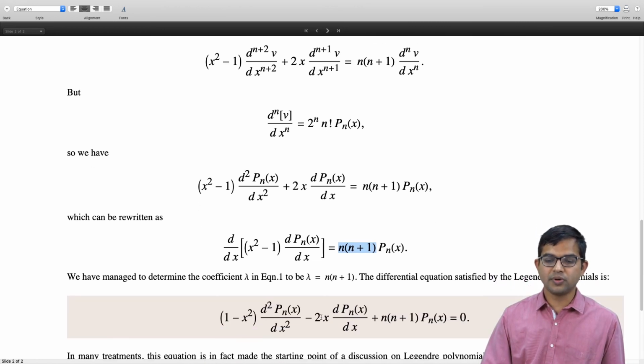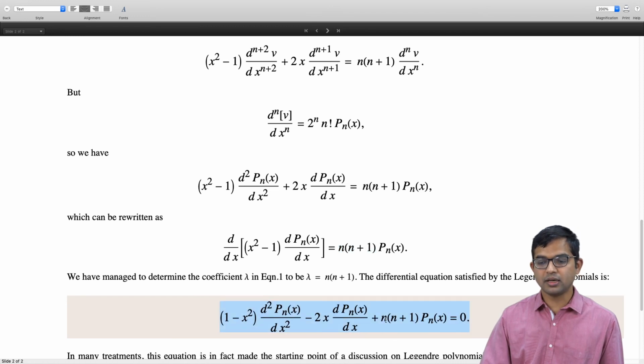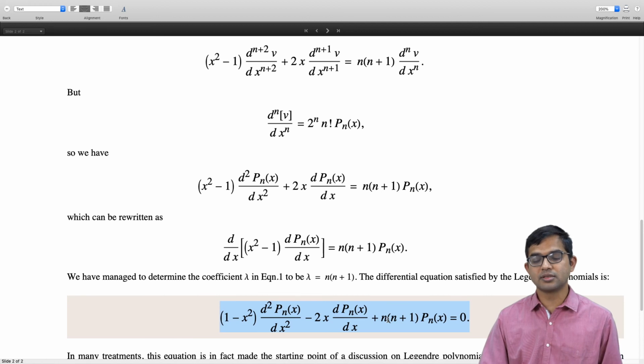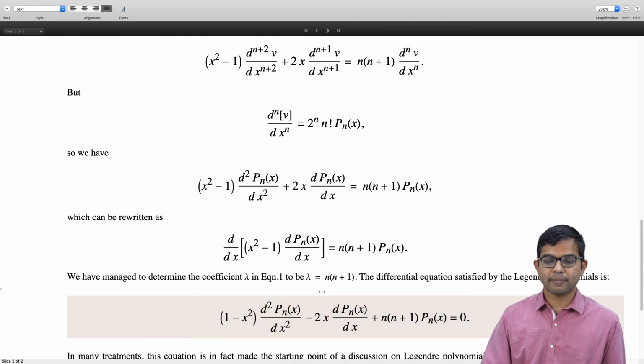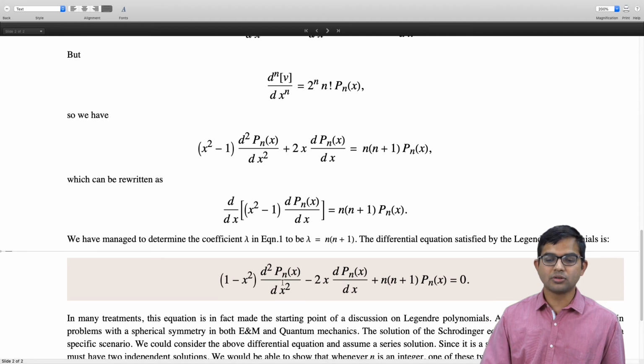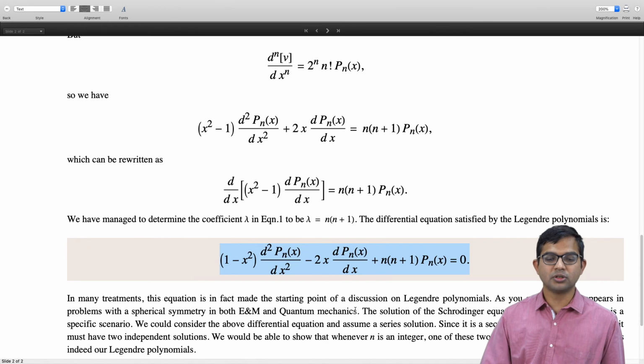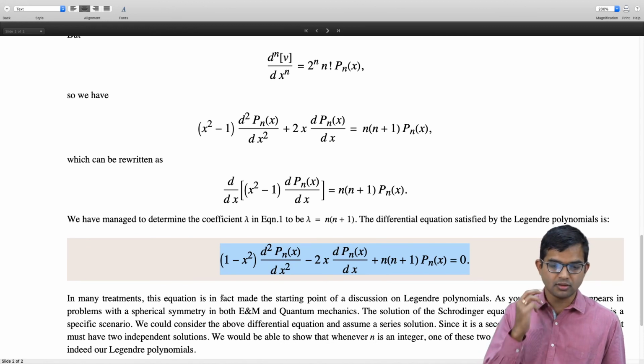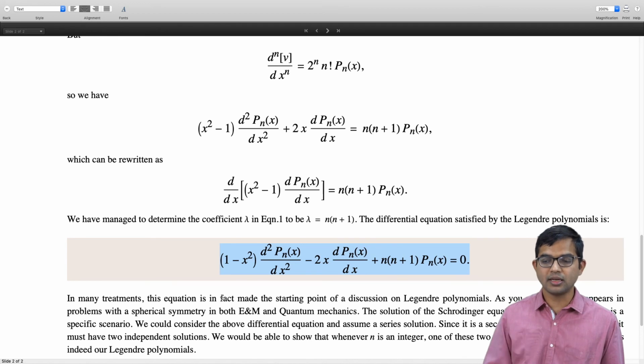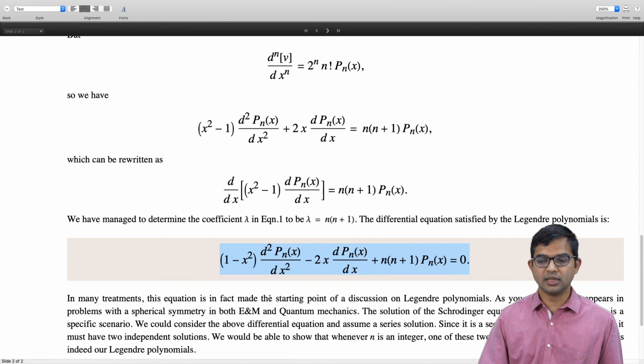So the differential equation satisfied by Legendre polynomials is exactly this, where it's important that this n into n plus 1 appears, and where n is an integer, right? We have worked out this differential equation, which perhaps we are all familiar with, because whenever there is spherical symmetry, as is the case in a lot of problems in E&M and quantum mechanics, this differential equation does appear.